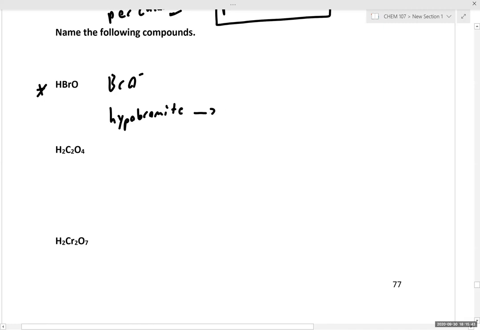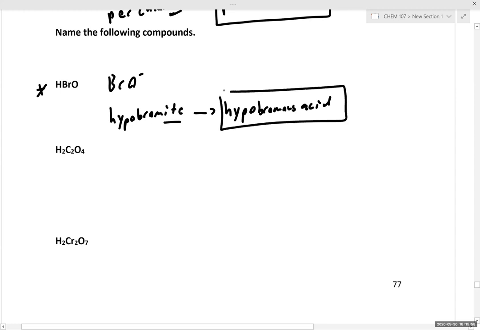The ITE ending is replaced with OUS, and we have hypobromous acid. Does this make sense to everyone? Is there something I can clarify about this example?